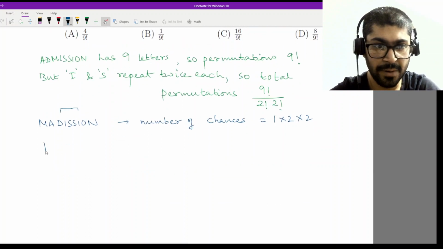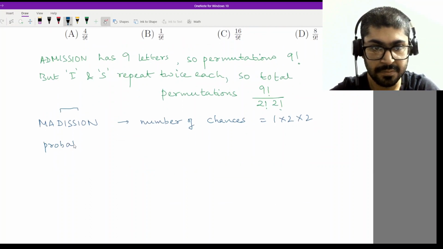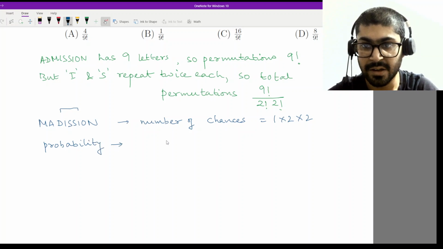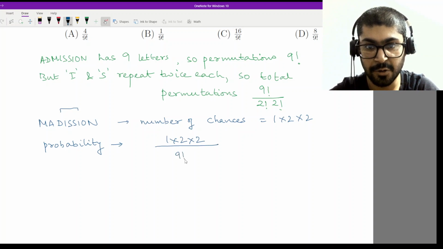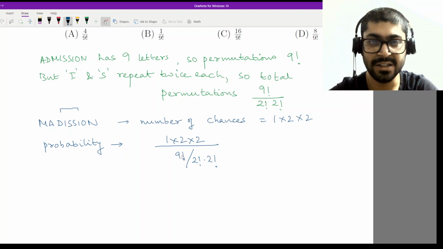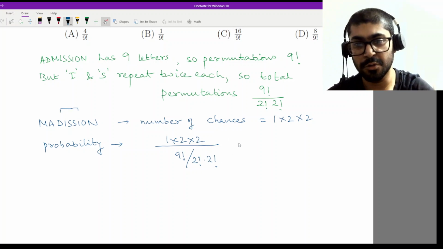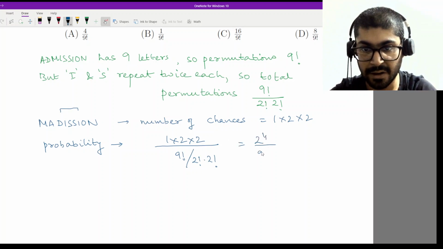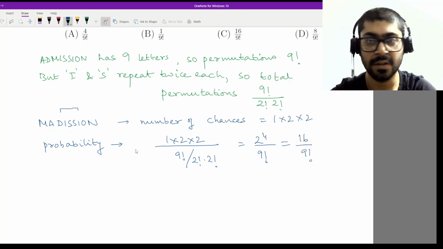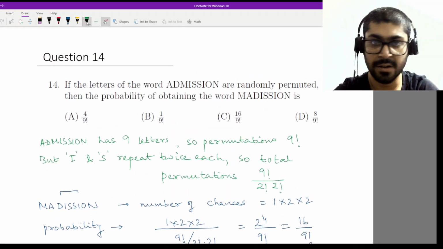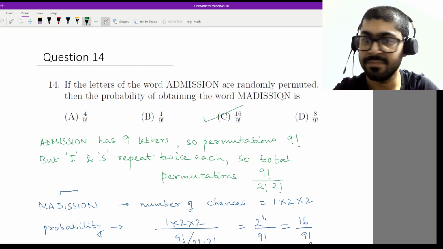So therefore probability would be 1 into 2 into 2 divided by 9 factorial divided by 2 factorial into 2 factorial. Now these are just 2's, so 2 into 2 into 2 into 2, therefore 2 to the power 4 by 9 factorial, which is 16 by 9 factorial. Now this occurs in option C, right?